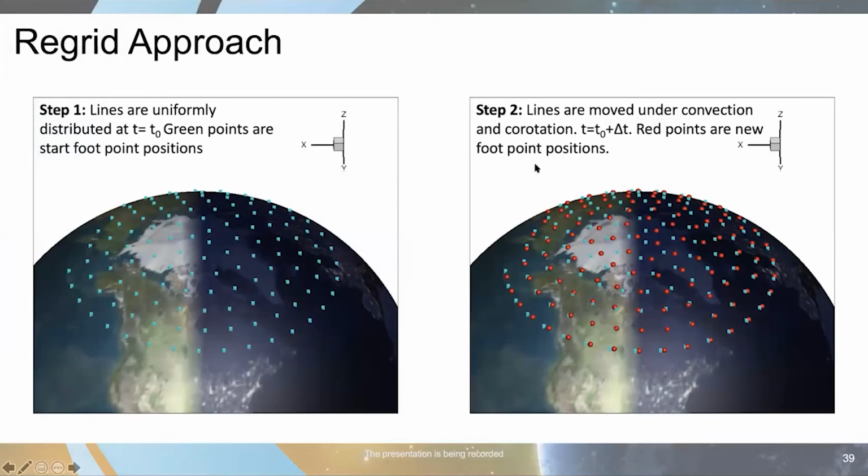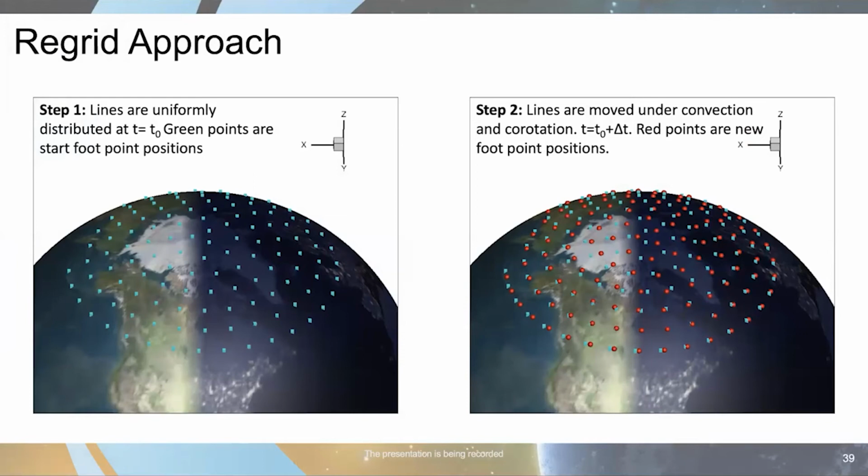And, after some delta t, you move the field lines, as a result of a combination of convection and co-rotation, to new foot point positions. And so that's shown by these red dots. So on the right, the green dots are the initial location and the red dots are the new location of the field lines after they've moved.